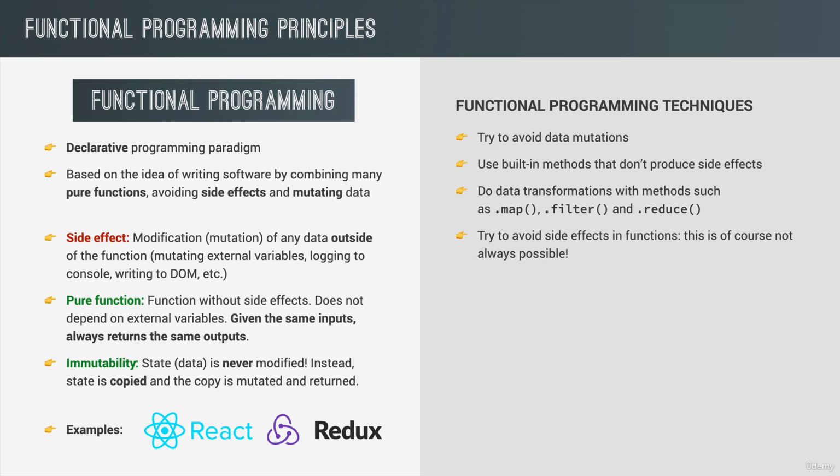Another thing that you can do is to always prefer built-in methods or functions that do not produce side effects over the ones that do. This is really important for data transformations. So whenever you want to do that, you should use a method such as map, filter, and reduce.